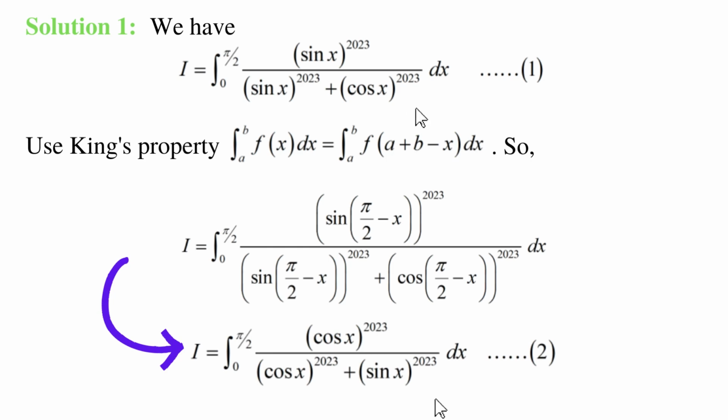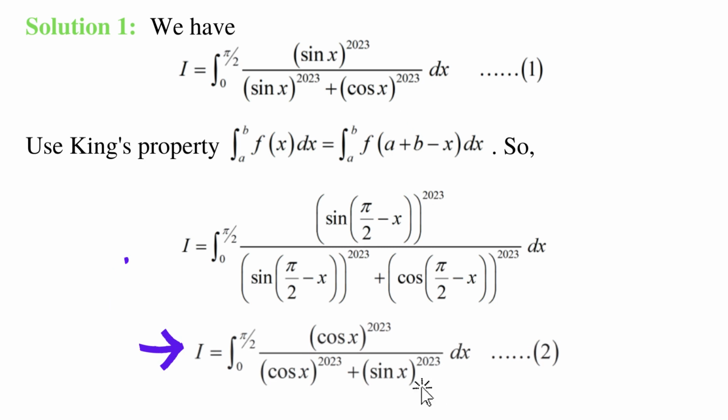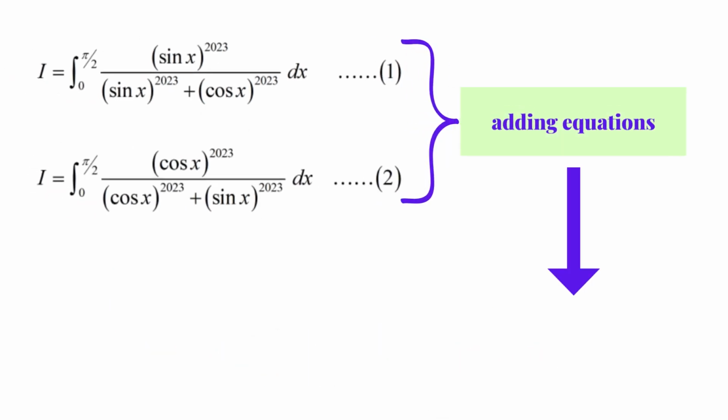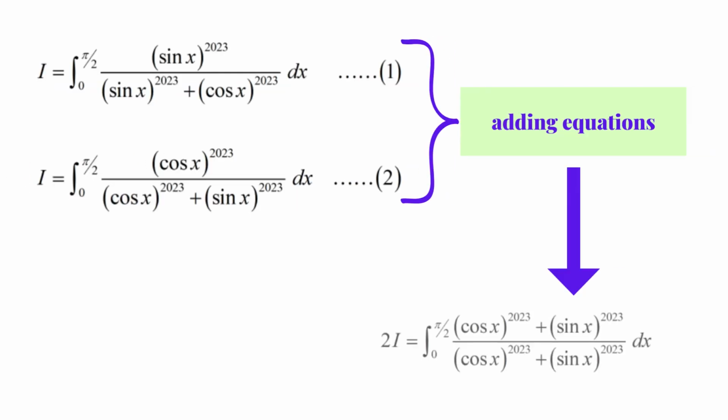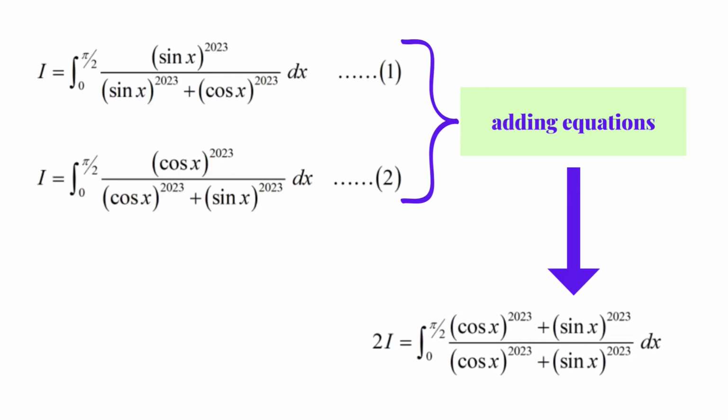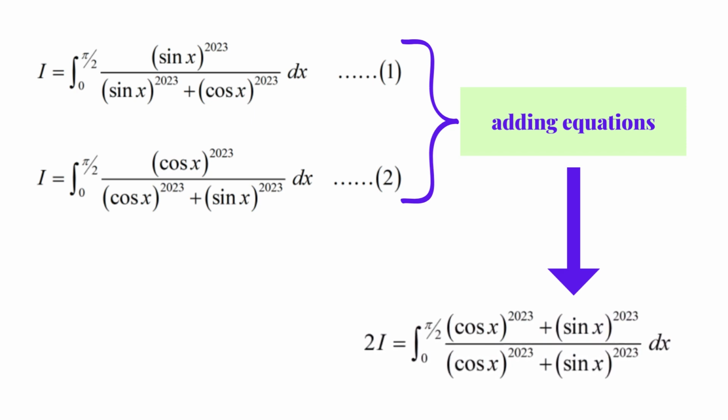Now we have two equations, and the interesting thing to notice between 1 and 2 is that the denominators of both of these equations are actually the same, right? So let's add both the equations together. Adding the equations, we get 2I on the left side.